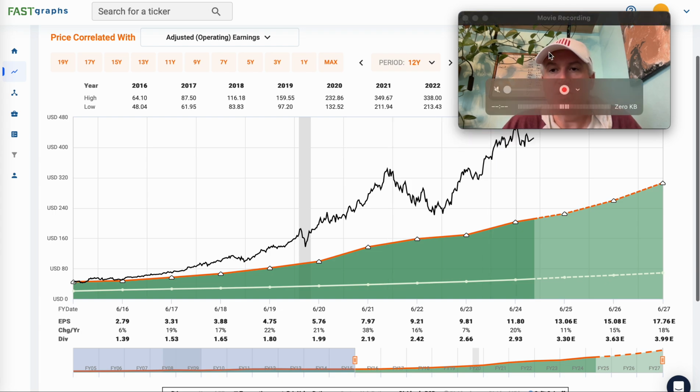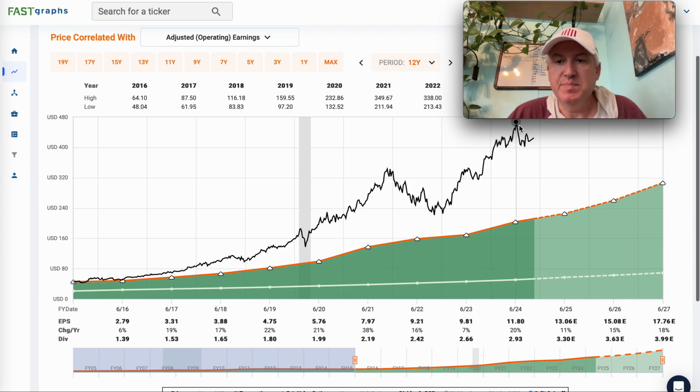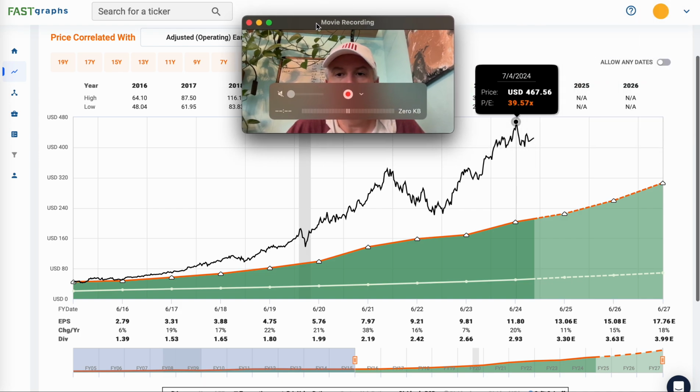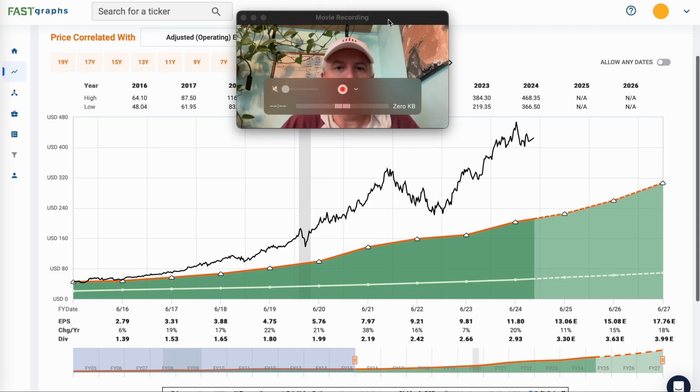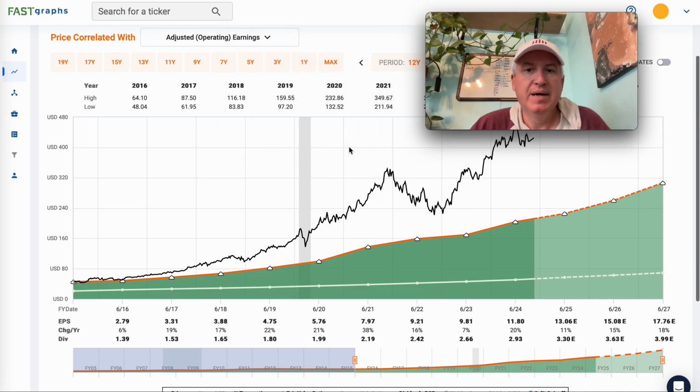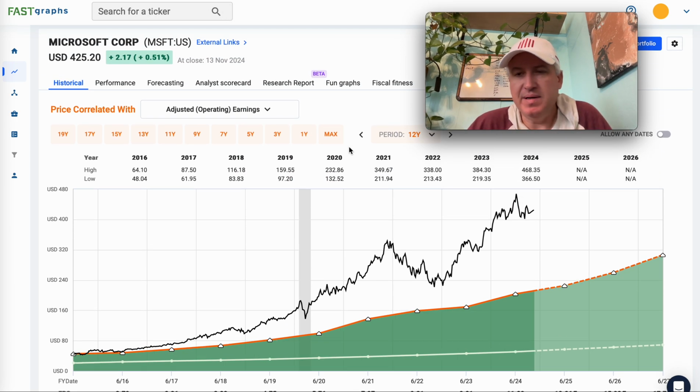That peak PE was 40. This peak PE up here is about 40, right? So you can see that I don't think it's a crazy buy price. But something will have to happen within the market in order to get the opportunity, obviously. And we don't know when that's going to happen. But that's why I track like 700 stocks, so if any of them do, then I'm ready to buy them.